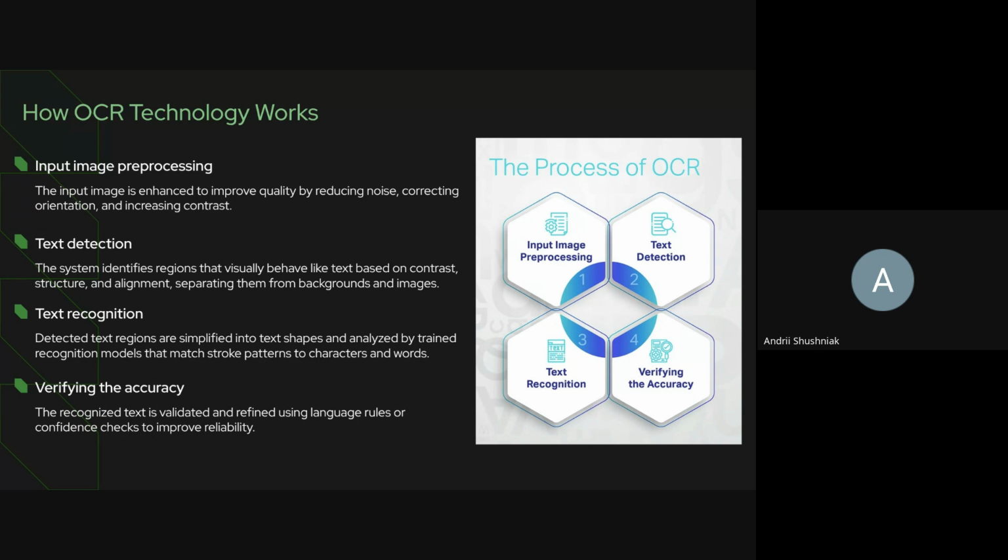We don't care about anything else, just the text. The technology, or OCR, the scanner, will detect those sections and highlight them. So the next step, which is text recognition, can start working with them and recognize each character one by one.